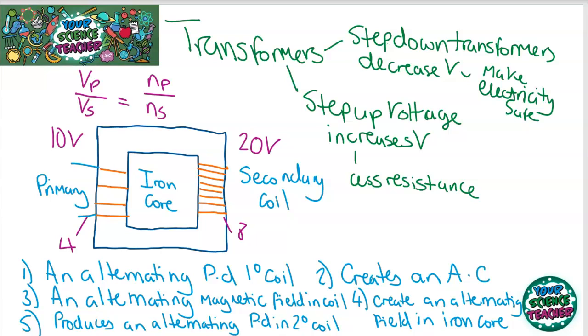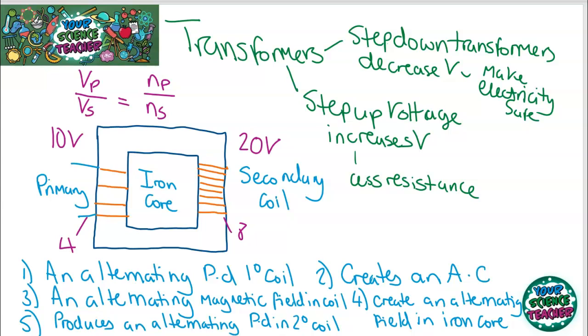But there is an equation you can use if you don't have such simple numbers to work with. You have voltage of the primary coil divided by the voltage of the secondary coil equals the number of coils in the primary coil divided by the number of coils in the secondary coil.